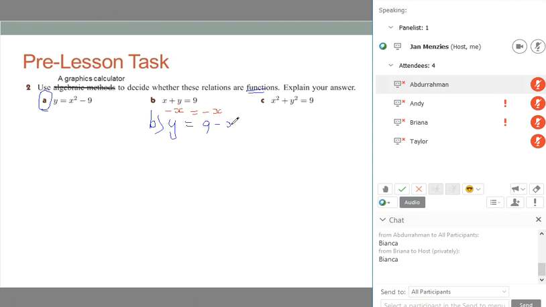I was hoping people would write that in text chat pretty slick, because I was also hoping, thank you Taylor, somebody might write y equals minus x plus 9. Smiley face if you agree that this form of the equation means exactly the same as this form of the equation.